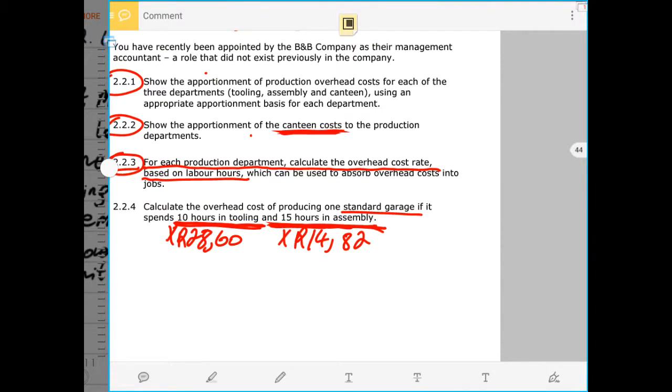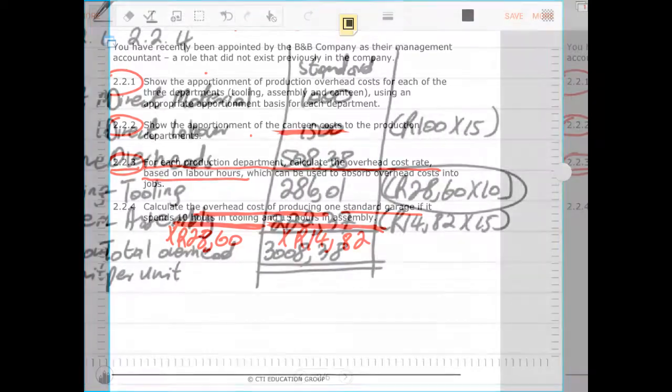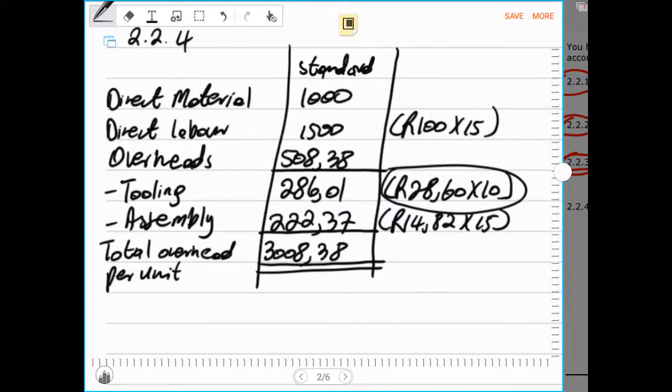Now we have definitely answered the requirement, which was instructing us to calculate the overhead cost of producing one standard garage if it spends 10 hours in tooling. And okay, we're only required to calculate the overhead cost, not the total cost per unit. Sorry for that, the overhead cost. So what is needed was only this amount.